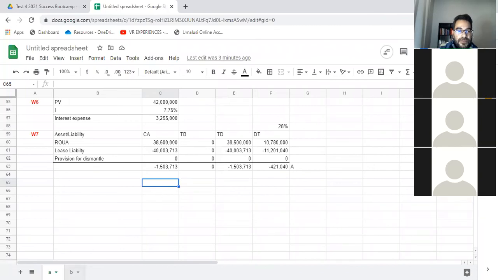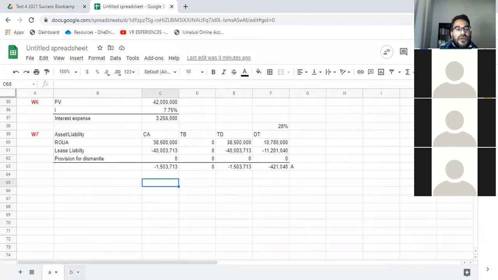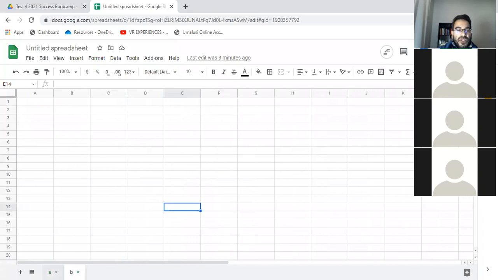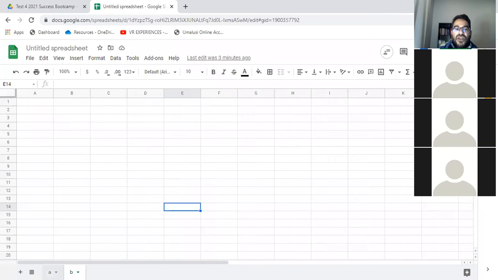Because now you have disposed of the asset, the carrying amount will be zero. Yes. But then you'll be taxed on the remaining tax base, because SARS is still giving you a deduction. From SARS's balance sheet perspective, you still have an asset.